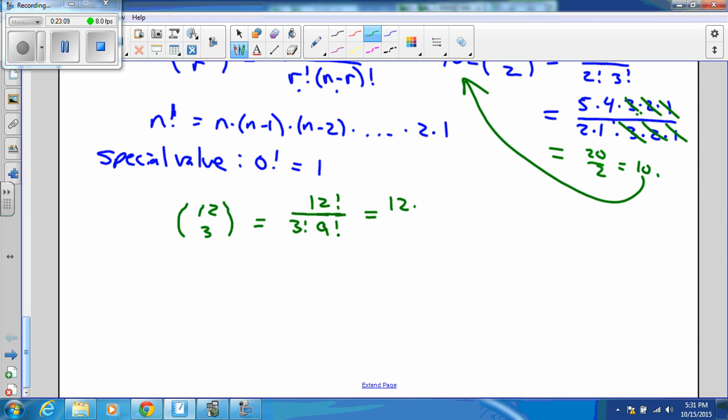And remember that the tail here always cancels out, so that what I end up with is 12 times 11 times 10, and all the other factors cancel, divided by 3 factorial, which is 3 times 2 times 1. And now 12 divided by 3 times 2 is just 2, and so I get 2 times 11 is 22 times 10 is 220. And that computation was a lot faster than computing 12 rows of your Pascal's triangle.